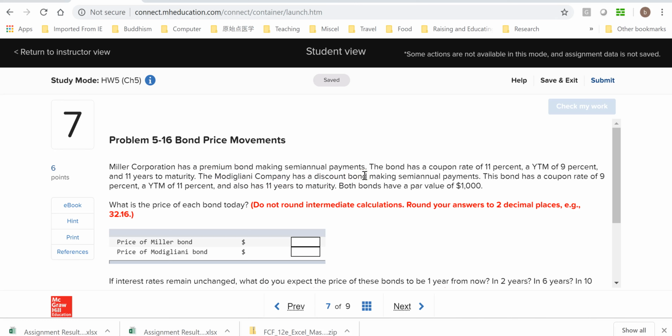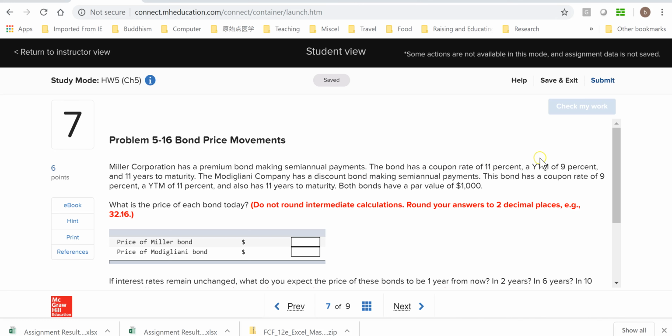Based on the 4 important relationships on bond valuation, especially the second relationship, we should immediately realize that for Miller Corporation the price is higher than the par value, so the yield to maturity has to be lower than the coupon rate.